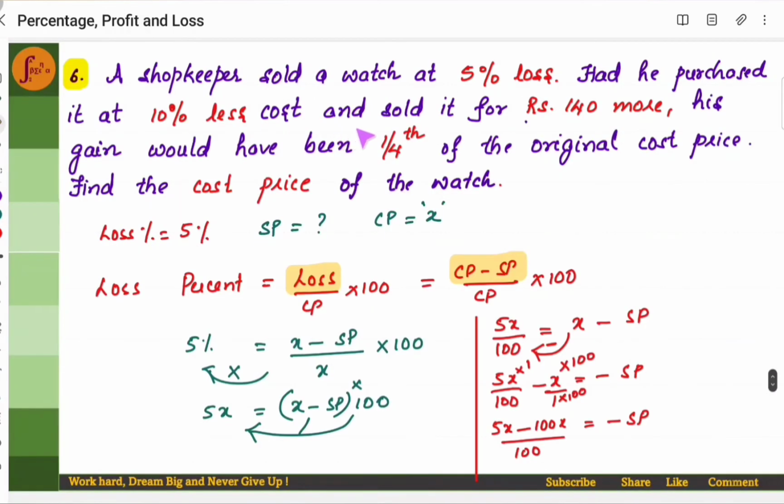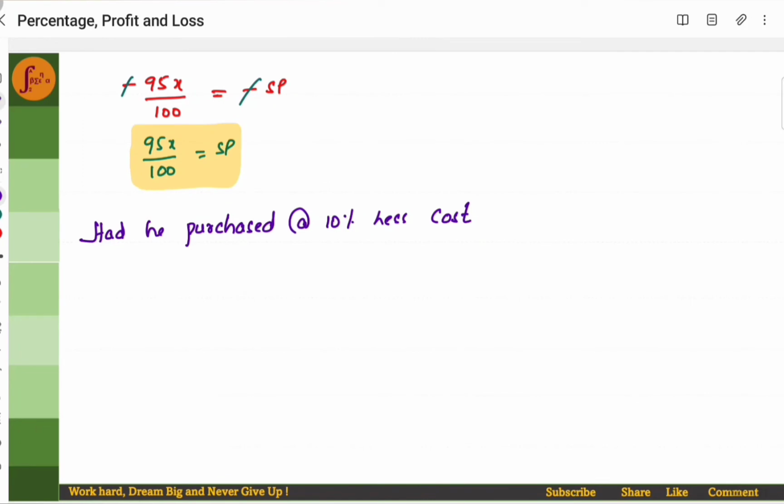Now let's go to the second statement. Had he purchased it at 10% less cost? That means the new cost price, let's just call it the new cost price, is the cost price minus 10% of cost price.